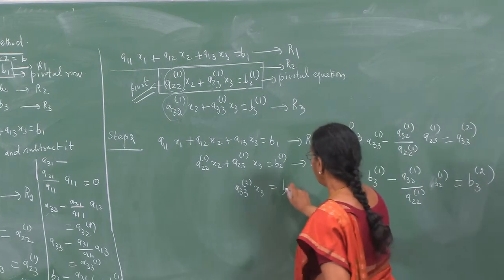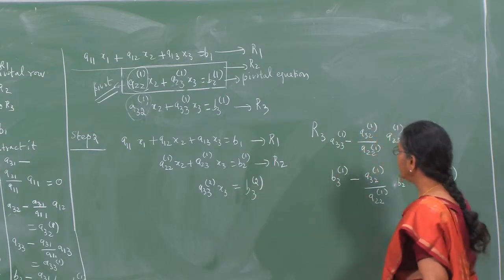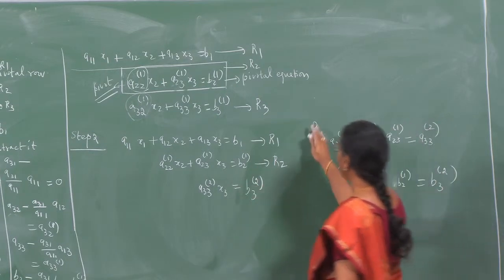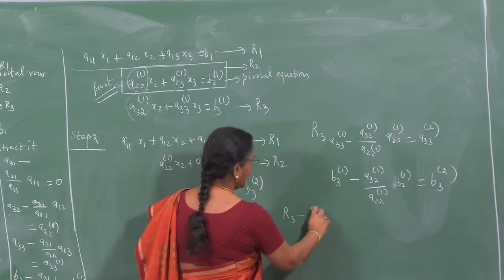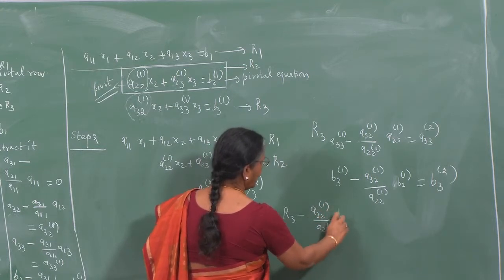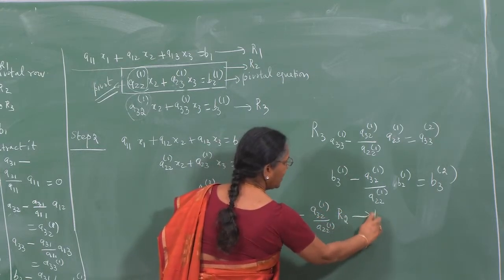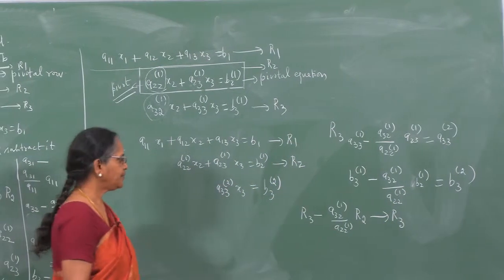So, I end up with B32, and my third equation is going to be this. So, what is the elementary operation? R3 minus A321 by A221 of R2 gives me the new third row, namely R3.